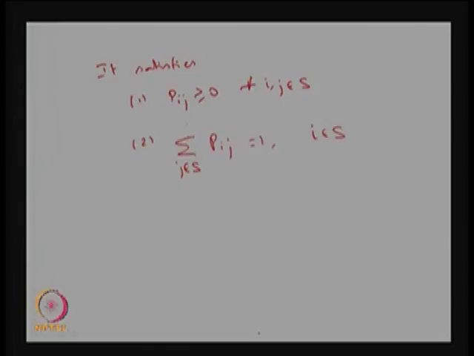And since this one step transition probability matrix P satisfies these two properties, it is known as a stochastic matrix. Because of satisfying these two conditions, the one step transition matrix is also called a stochastic matrix.